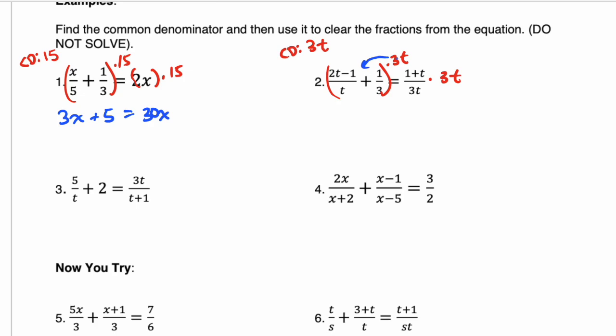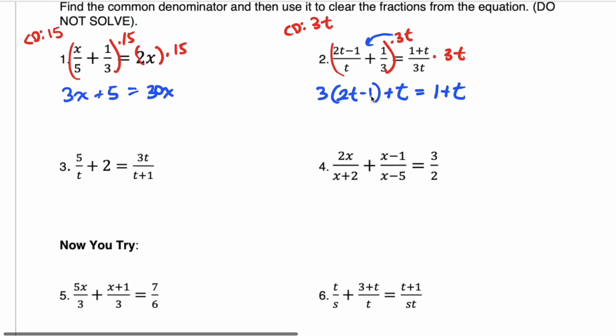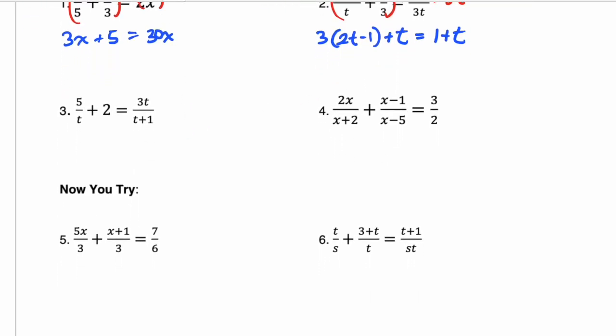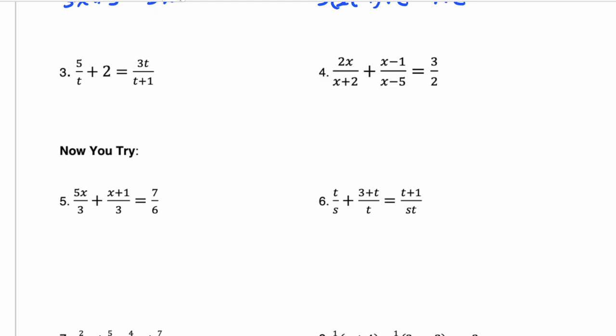So if I do 3t times this, 3t divided by t is just 3, and 3t divided by 3 is just t. And over here on the right, 3t divided by 3t is 1, plus t. And then there are several other steps to solving, but the first step clears the fractions, and then it's a lot easier to solve.